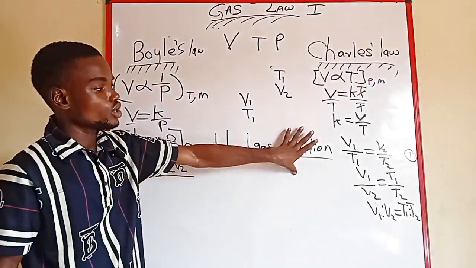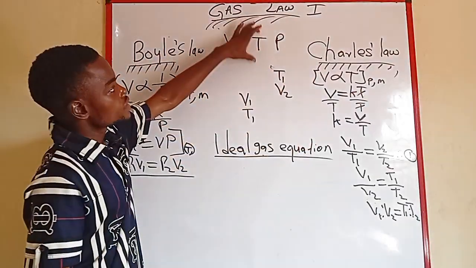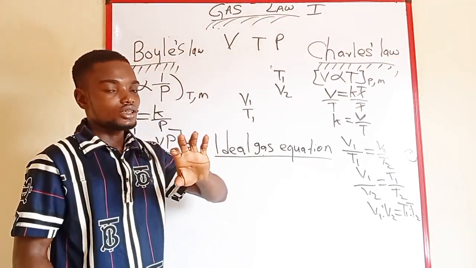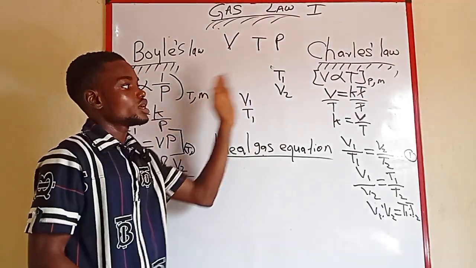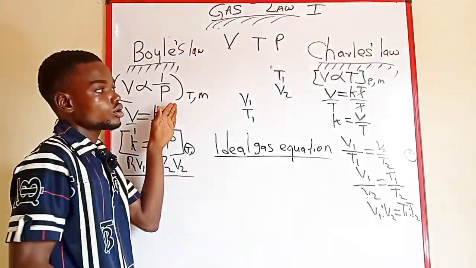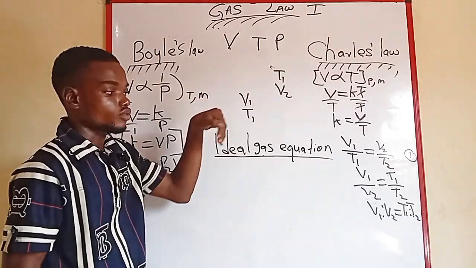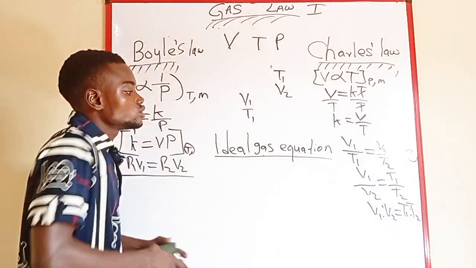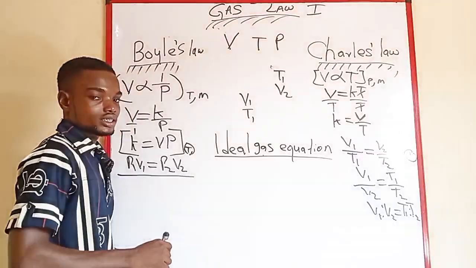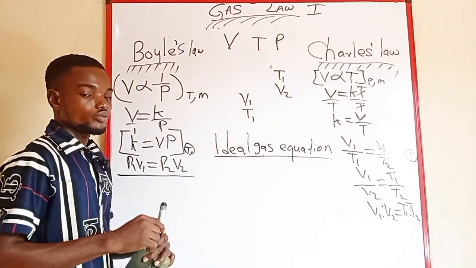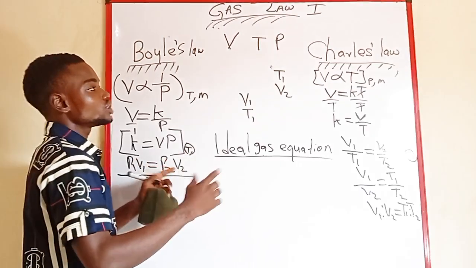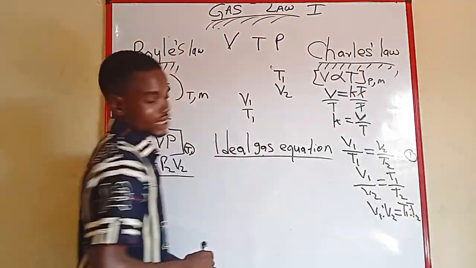The ideal gas equation is for when the temperature and pressure are not constant, so neither Charles's law nor Boyle's law alone governs the gas. So what do we need to do? We need to combine these two statements of fact on the same volume, so that the ideal gas equation is an equation gotten by the combination of Boyle's law and Charles's law.